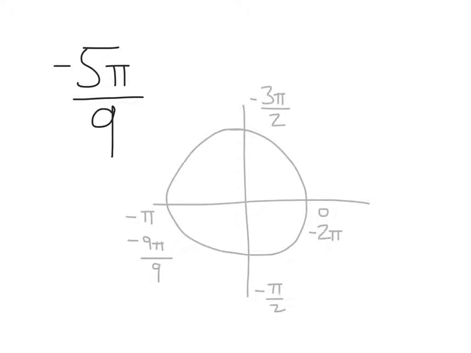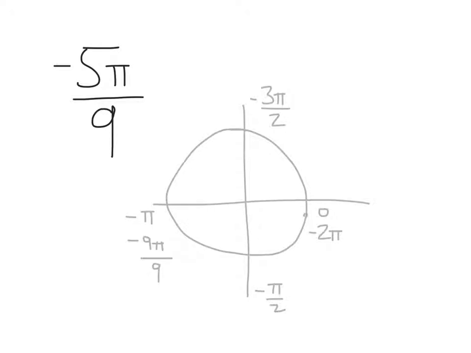So when I divide up my half circle into ninths, I should have 4 parts to the right in quadrant 4, 4 parts to the left in quadrant 3, and then the last one of those parts split between the third and the fourth quadrants.